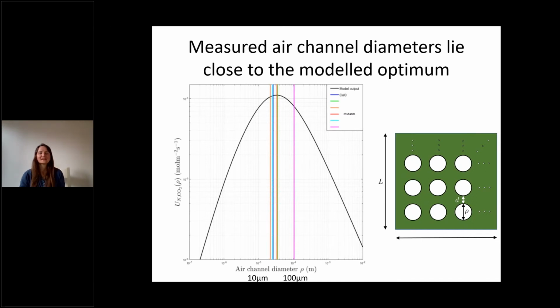I think it's interesting that not even mutants which have what visually seem to be quite extreme differences in airspace to the wild type plant are wildly off the mark in terms of that optimal predicted air channel diameter for the CO2 uptake.